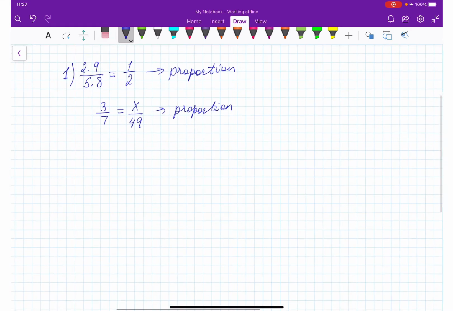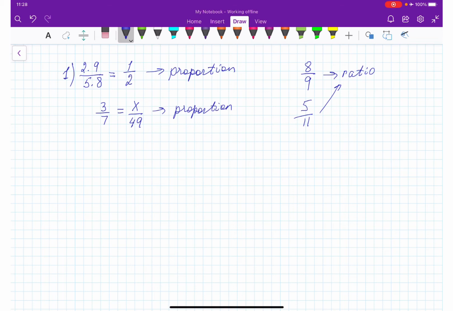But if I have just 8 over 9, this is what I call ratio. Okay? If I have 5 over, let's say, 11, it is a ratio.